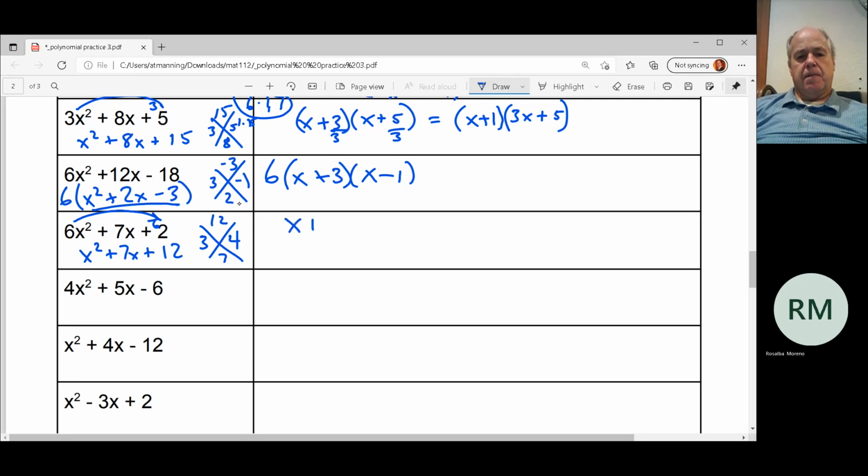So x plus 3 times x plus 4. Not done yet. We have to slide or divide out that 6. Remember, we had slid over a 6. Now we have to divide out the 6. Okay, that becomes 1/2. This becomes x plus 2/3.